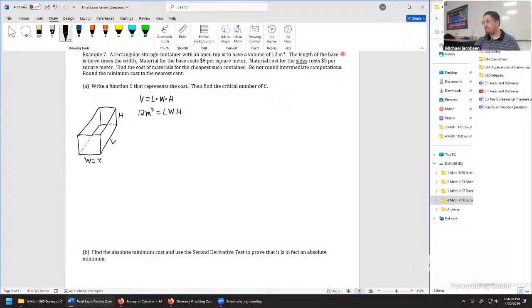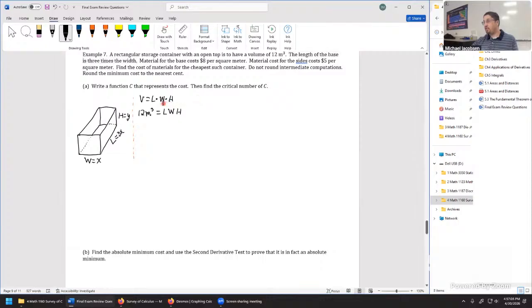Put in an X, right, when it said length of the base. So there's that length. 3 times the width. That would mean L is 3 times W, or 3X. So now we have 2 variables down, both involving X. H is not related to the length or the width, so we need a third variable. We can call it Y. So that's the setup so far.